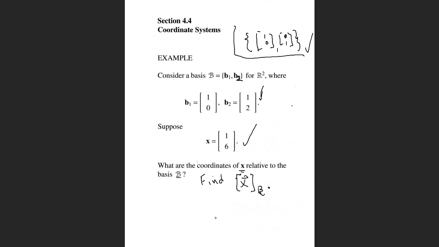Incidentally, just as a little note here, if we were looking for the coordinate vector of x relative to the basis e1, e2, where, you know, e1, of course, is 1, 0, and e2 is, of course, 0, 1.